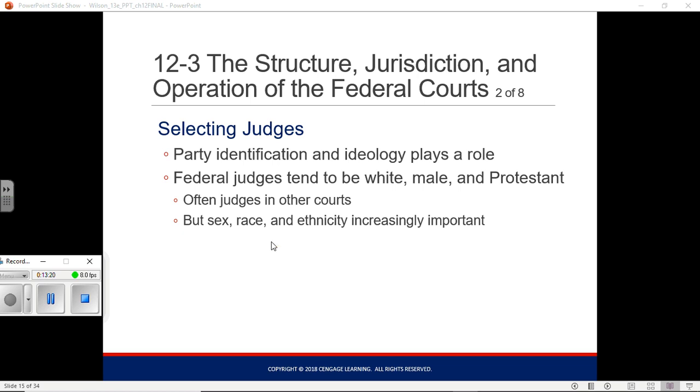Now, up until fairly recently in American judicial history, the Supreme Court was awful waspy and awful male. Okay? For the longest time, most federal judges were white male Protestant and usually had been a judge somewhere else at some point. There has been a little more diversity slipping in there. I will say there has been a decline in the number of Supreme Court justices that come straight from private law practice.